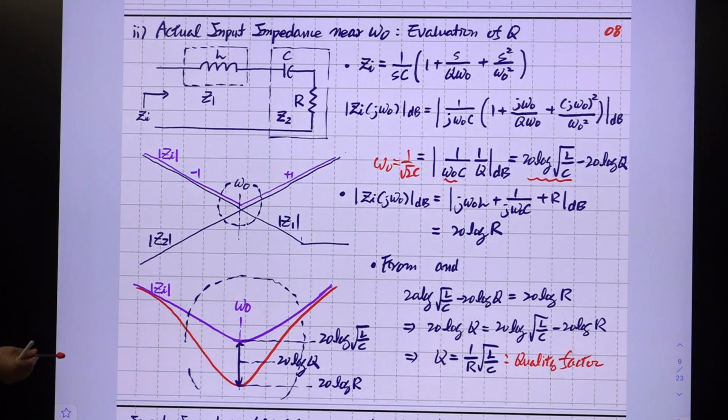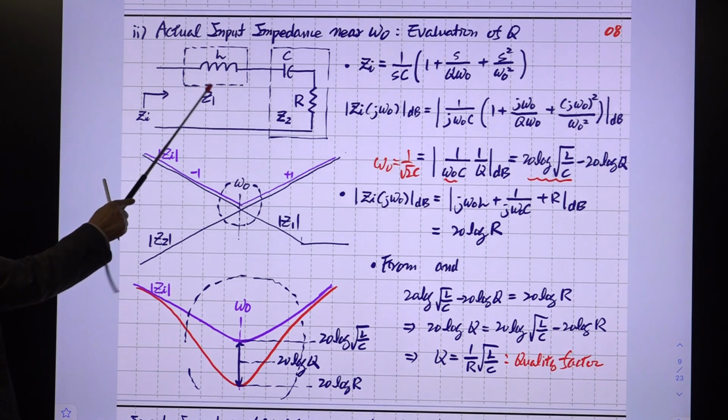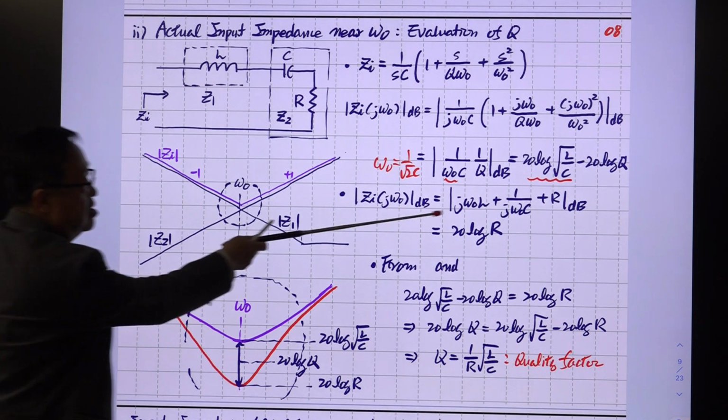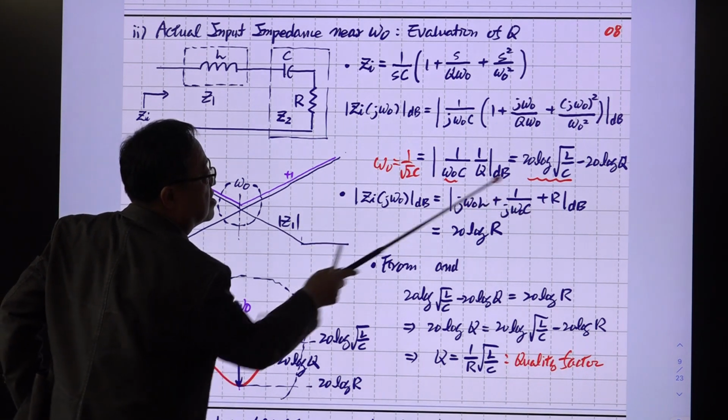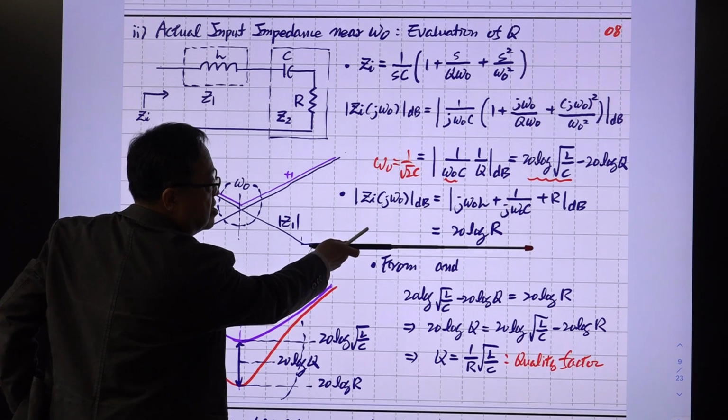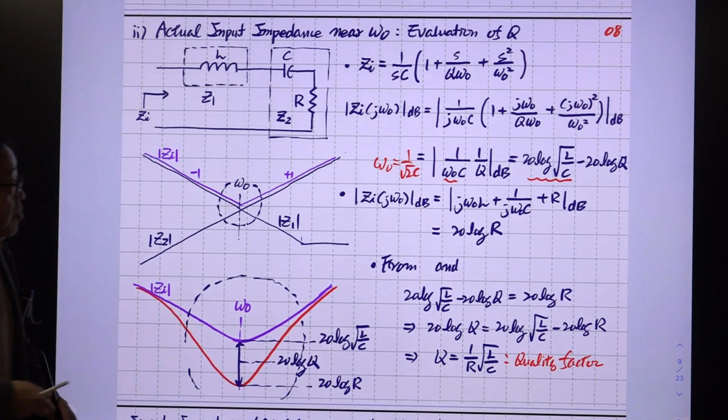Right? And you go back to the very beginning. Then the GI is a combination of these three. Okay. Then they cancel at the resonant frequency. The remaining is R. Right? So maybe we call it equation number 1, and this equation number 2.